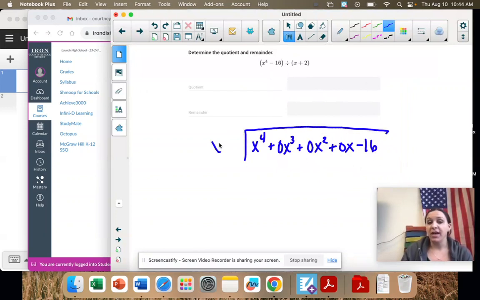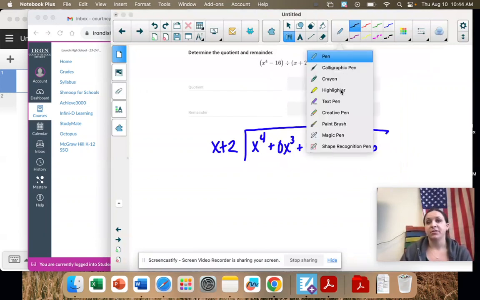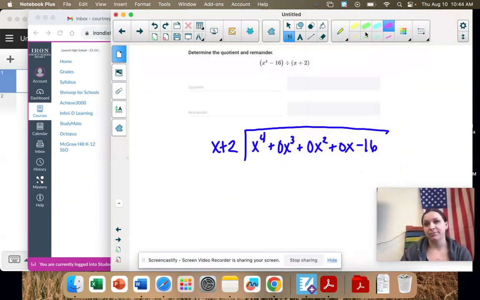So when we divide and you're missing any of the descending degrees, you got to fill them in because they're going to be part of our answer. So now this one just got really long, but we got this. Okay, so remember, just look at the first things, x and x to the 4th.